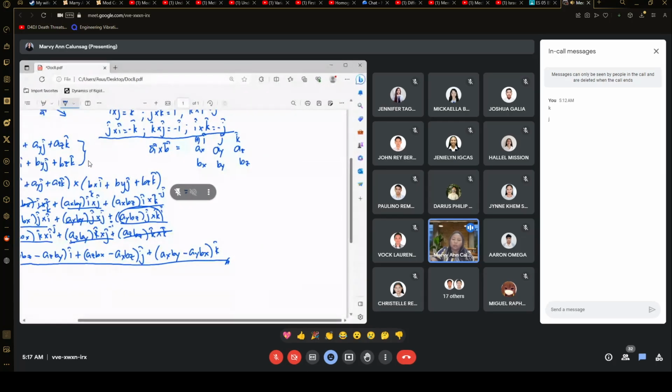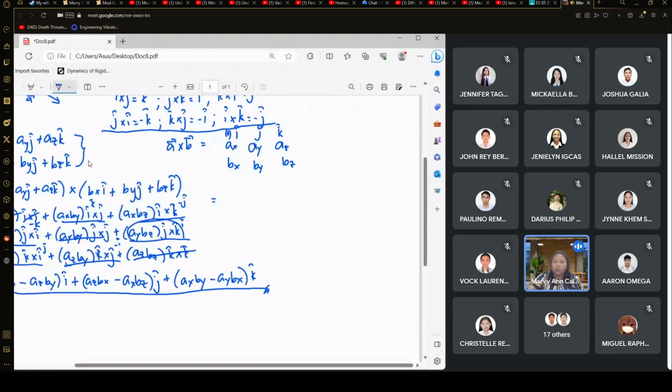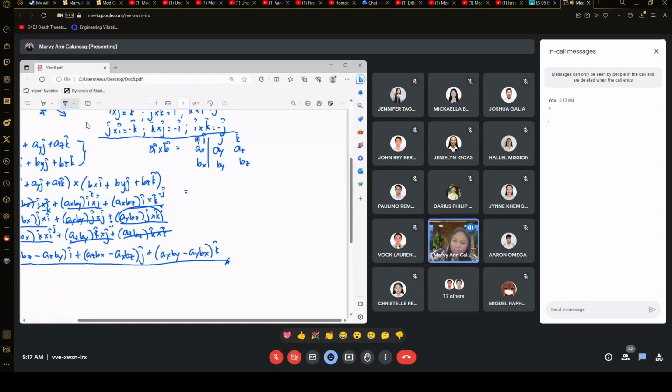So we will imaginarily delete the elements in the first column, and disregard all these elements. What remains, we will multiply such that AY BZ minus AZ BY.